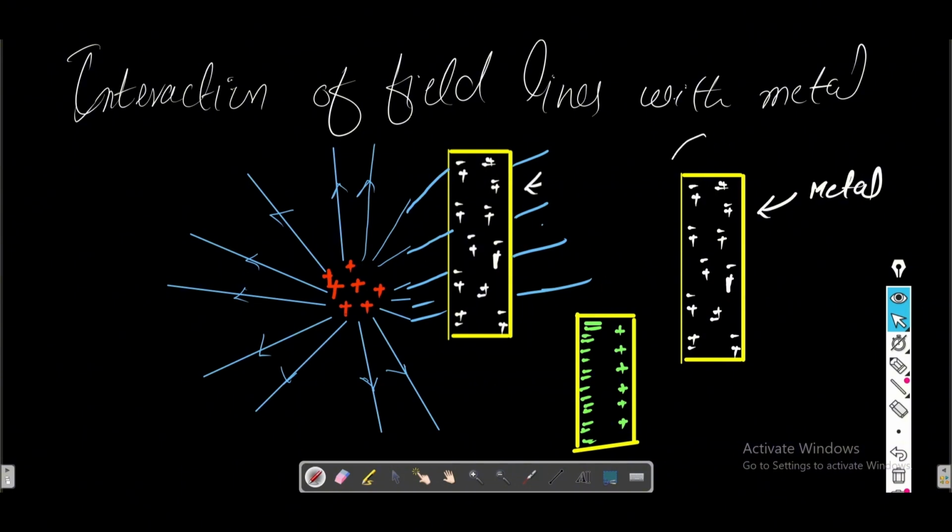First we consider this: the positive and negative charges are arranged randomly because there is no electric field line interaction with this metal.